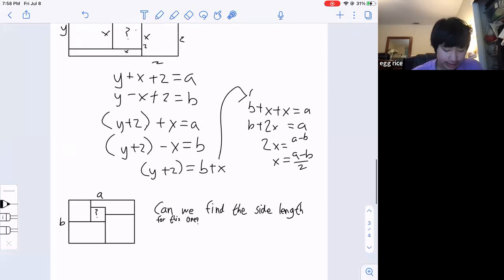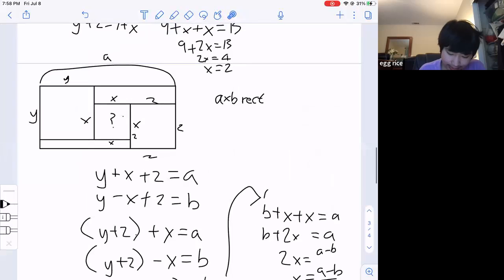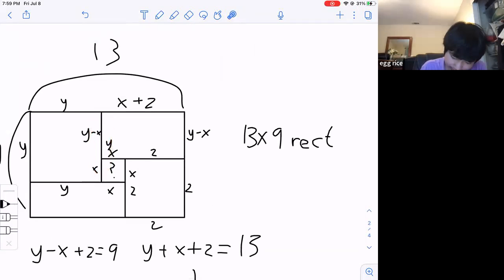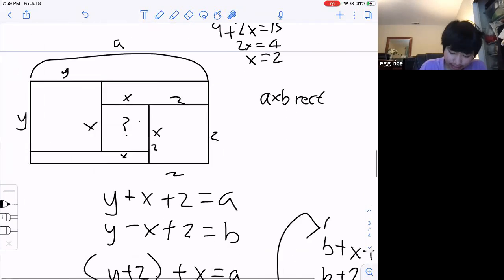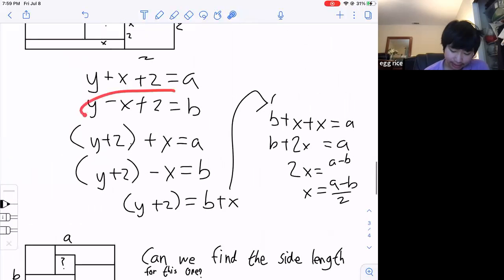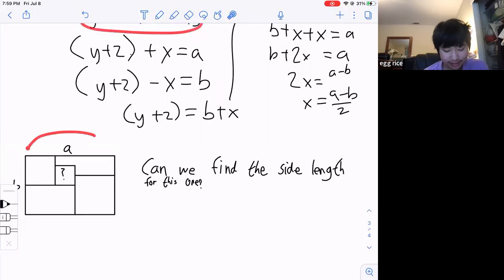We cannot figure that out because x minus y is not equal to this length. This length is not equal to this length. Therefore, we cannot figure out this sort of equation, and thus we cannot figure it out.